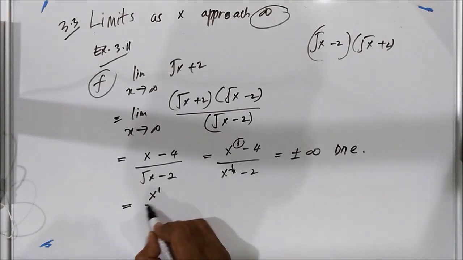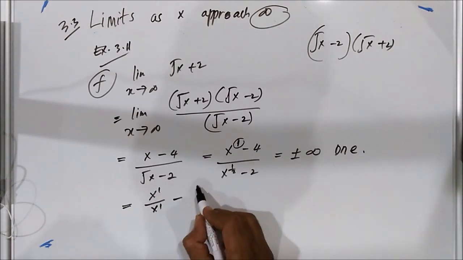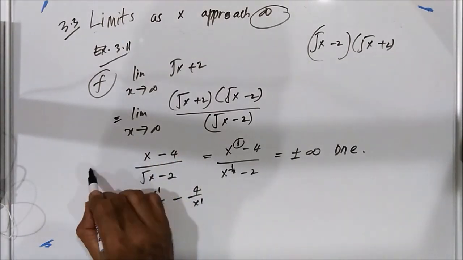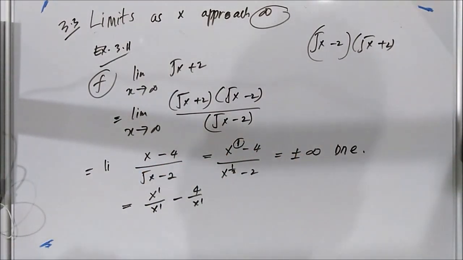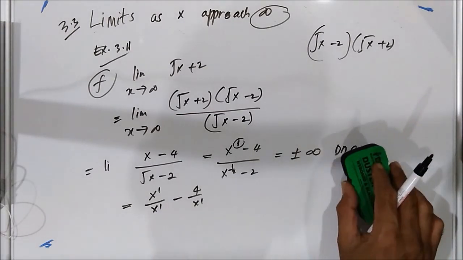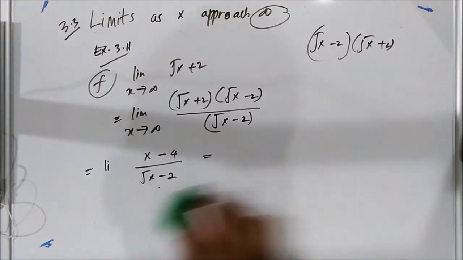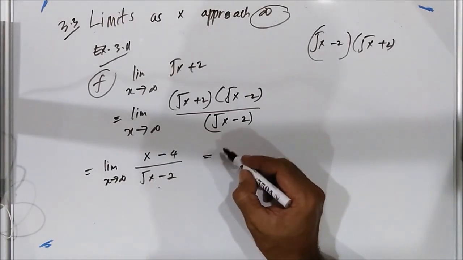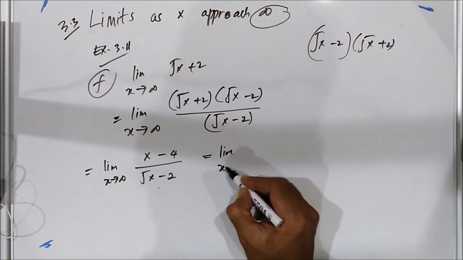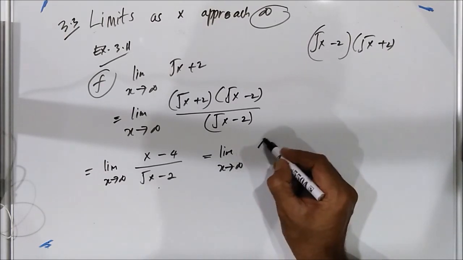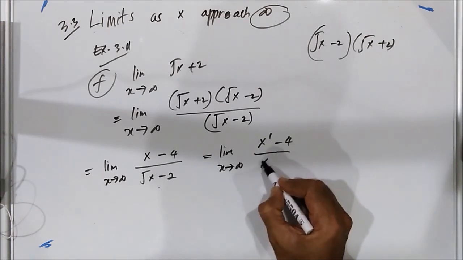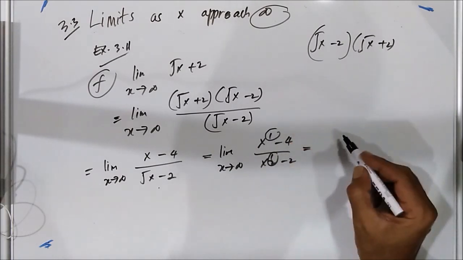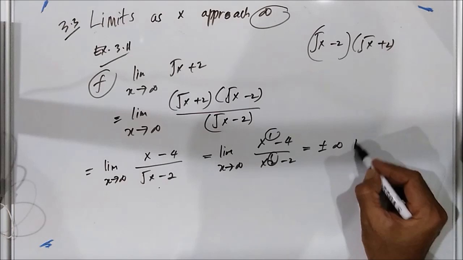So x raised to 1 divided by x raised to 1, minus 4 divided by x raised to 1, and put the limit here. Here is the limit as x approaches infinity of x raised to 1 minus 4 over x raised to half minus 2. Because the numerator is higher than the denominator, this equals plus or minus infinity, or does not exist.